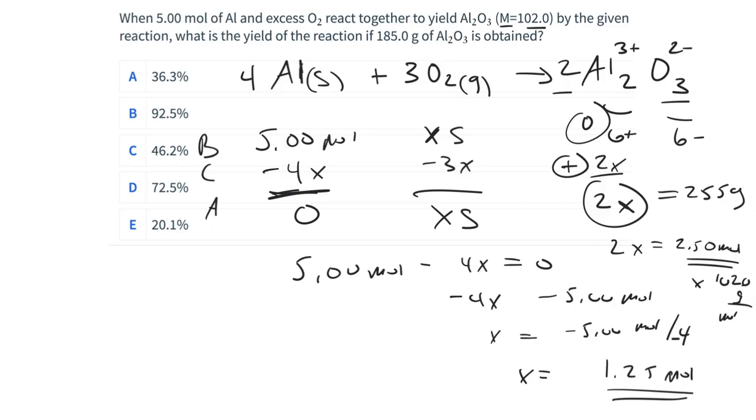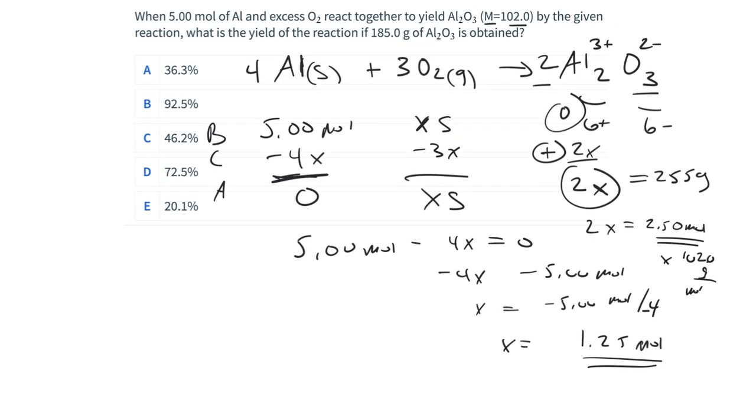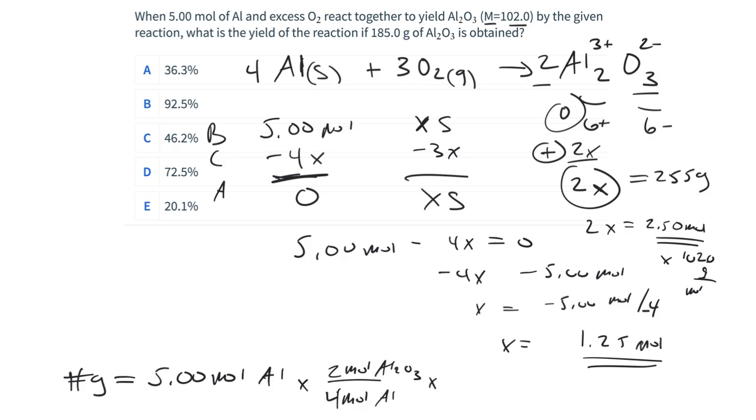Now, we can get that from the BCA chart. You could have also asked, could I have just done this with dimensional analysis? And you can. You could have taken this problem right off the bat and skipped the chart. Use for every 4 moles of aluminum that react, we form 2 moles of Al2O3. And then for every 1 mole of Al2O3, that corresponds to 102.0 grams.